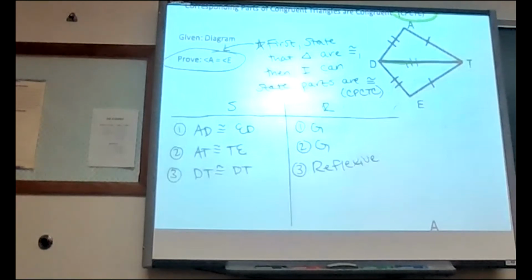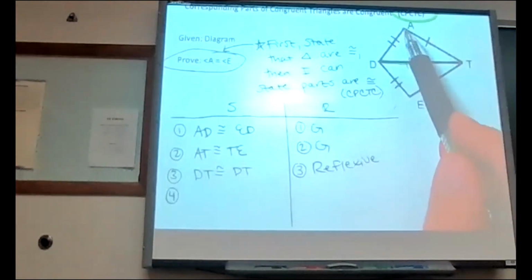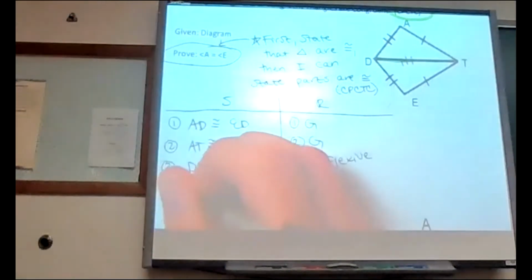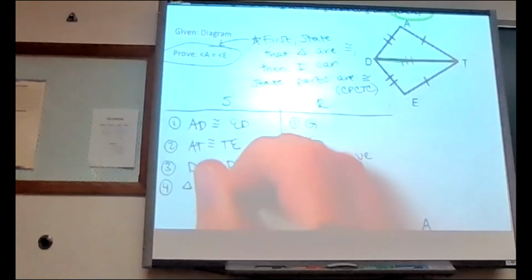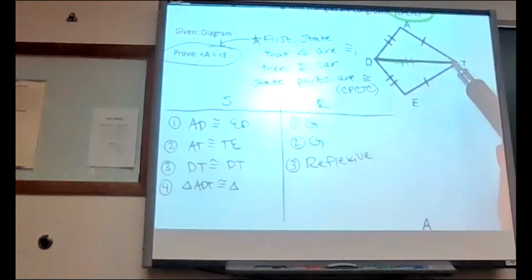Now, this is the tricky piece. We're not given this statement because that's not what we're going to prove, so we've got to make sure we line things up correctly. Triangle ADT must be congruent to triangle what?